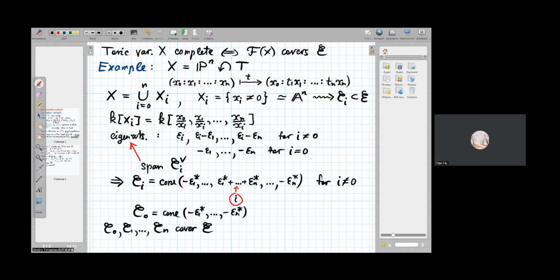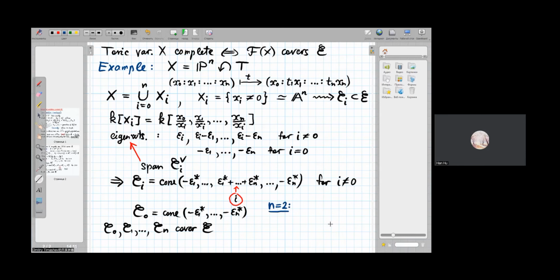Let me give you a picture, for instance, for n equal to 2. If n equals 2, then we have the following picture. So what do we have? We have the cone C naught spanned by the vectors negative to the vectors of the dual basis.